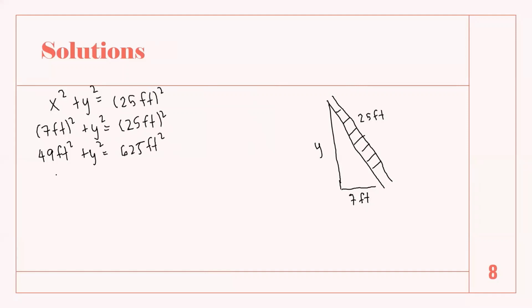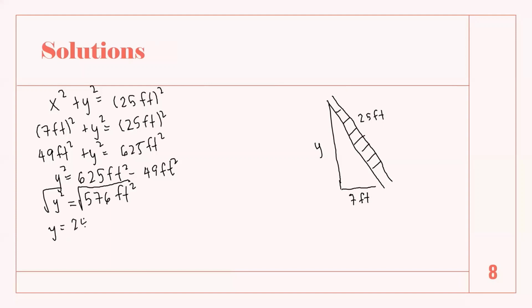So we're going to solve for y squared. So 625 minus 49 is 576 feet squared. Then we solve for y by finding the square root of both sides. So y is 24 feet.